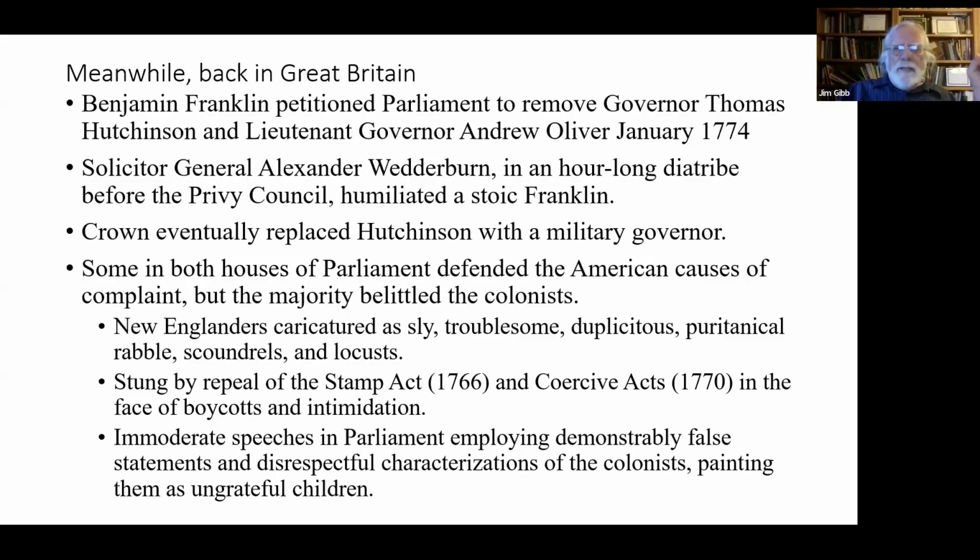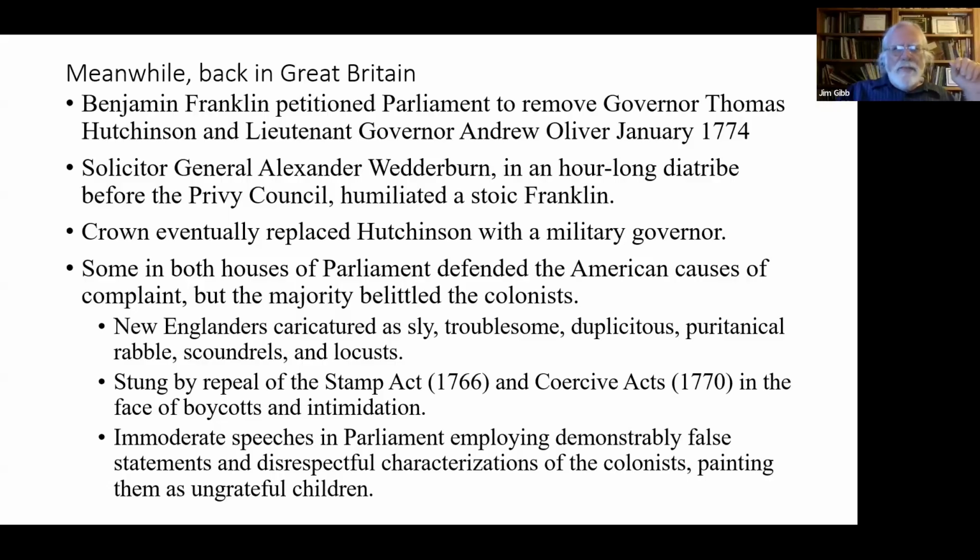It's important to keep in mind, though, that much of Parliament was against the colonies. We have members of Parliament who stood up and made speeches that denigrated American colonists, and particularly New Englanders. They called them sly, troublesome, duplicitous, puritanical rabble, scoundrels, locusts.